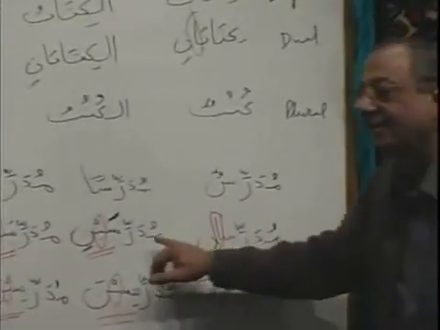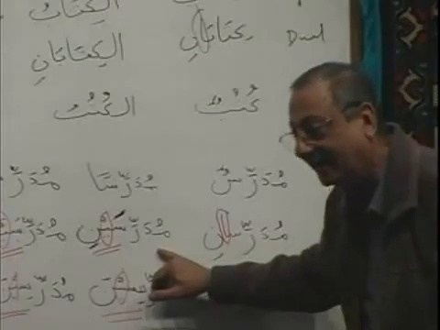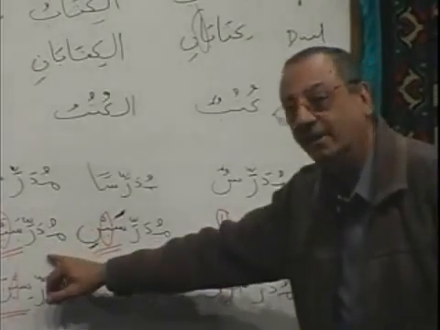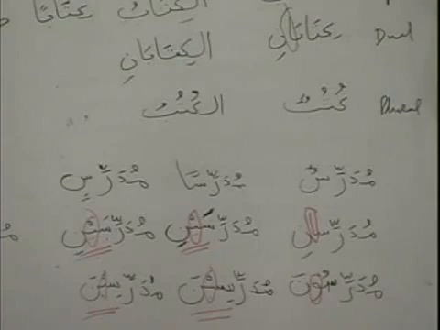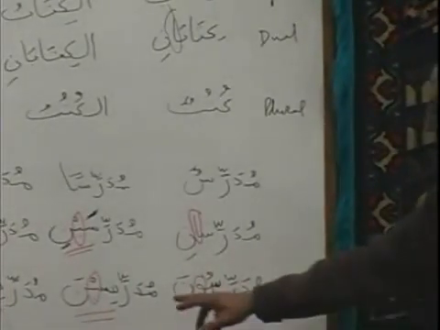Muslimani, Muslimaini, and then Muslimaini. Muslimatun will become Muslimatani, and then make it mansub, Muslimataini, and again Muslimataini. And here Muslimuna, and then Muslimina, and then Muslimina. So it's easy. You have it there.